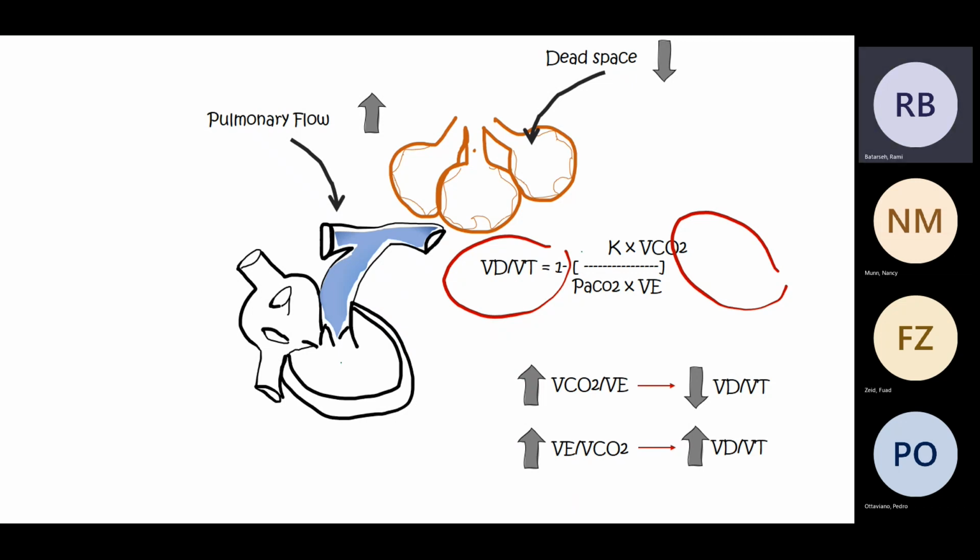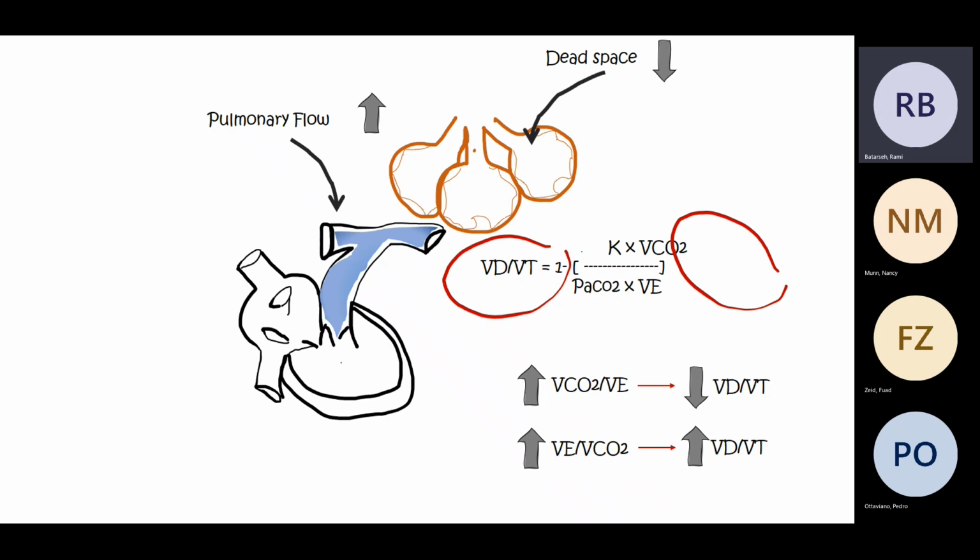So the old ratio. If the VD goes down, so the VD/VT result will, that's right. So the VD/VT with time should go down during exercise. Usually it goes from 0.4 to 0.2. That's normal. So as well as the VE/VCO2, is that right?